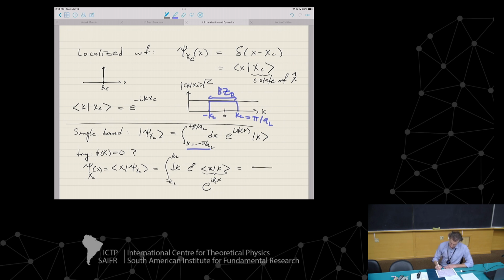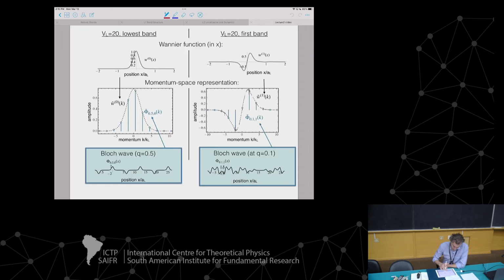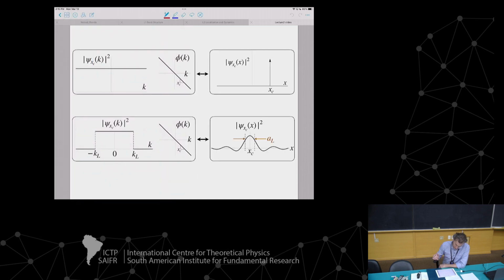So in fact, it looks like a sine of kx over x, and that's a sinc function, times some kind of normalization coefficient, which I'm ignoring. So this is sinc of x, and what does that look like? It looks like this.